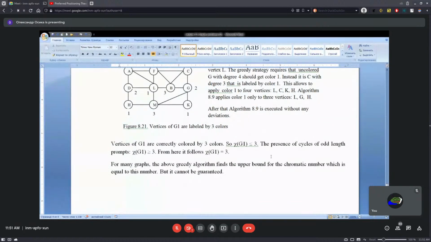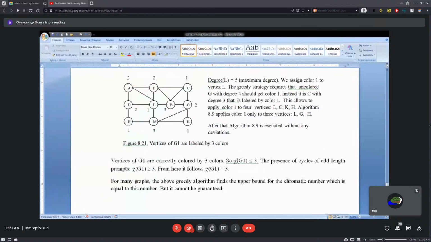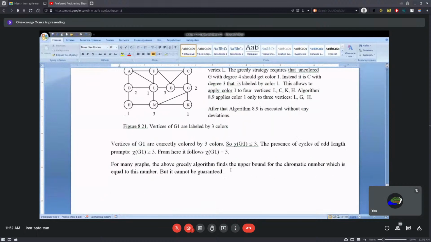So we can conclude that the chromatic number is less than or equal to 3. The presence of cycles of odd length implies that the chromatic number is greater than or equal to 3. From this and this, it follows that the chromatic number is equal to 3.